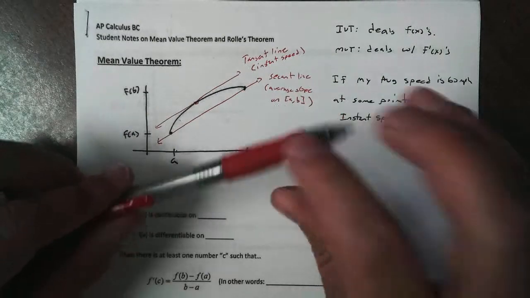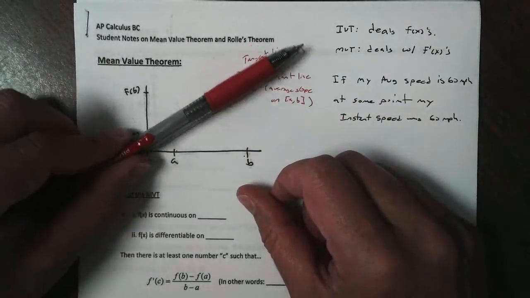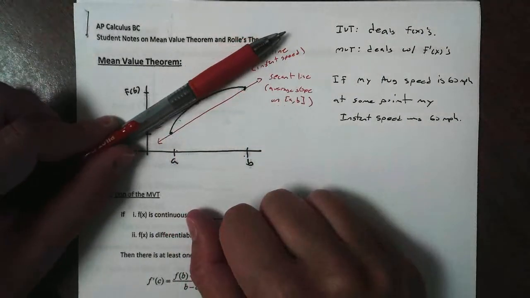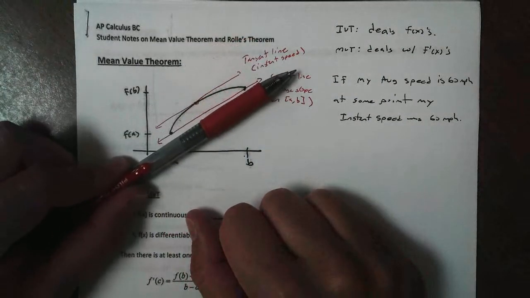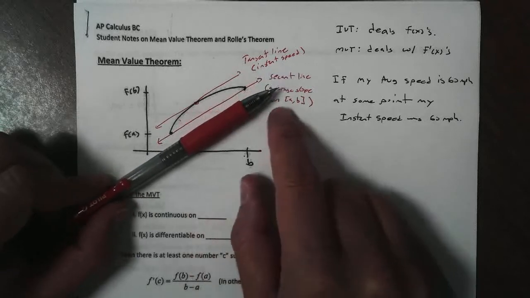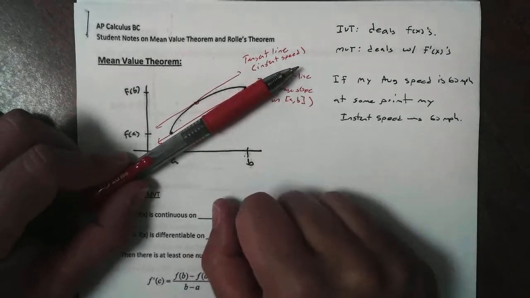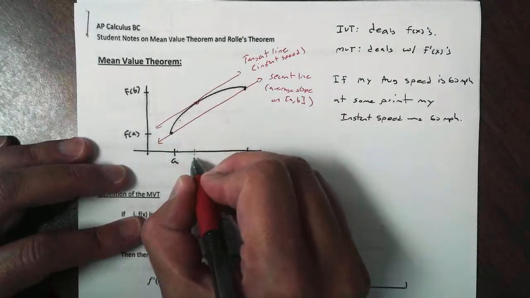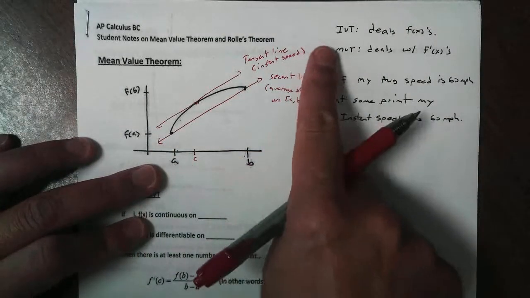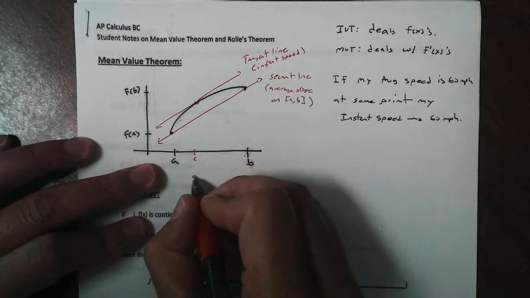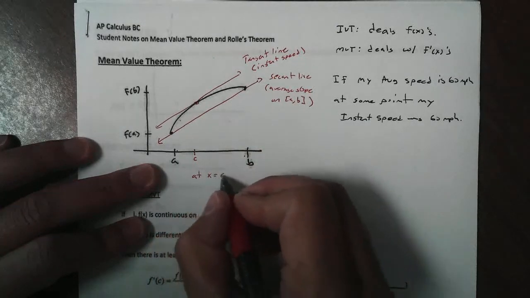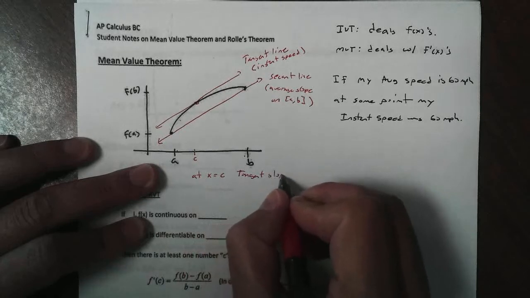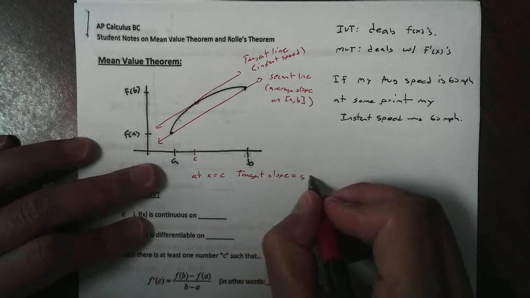And if you notice, at some point on that graph between A and B, the slope of the tangent line, the instant speed, will equal the slope of the secant line, our average speed or average slope. And where this occurs, it will occur between A and B, kind of like IVT. So what we're saying here is at x equals c, the tangent slope equals the secant slope.